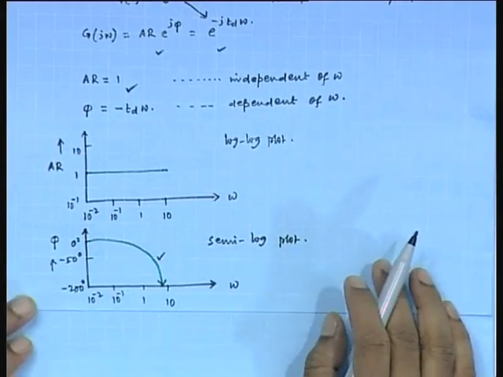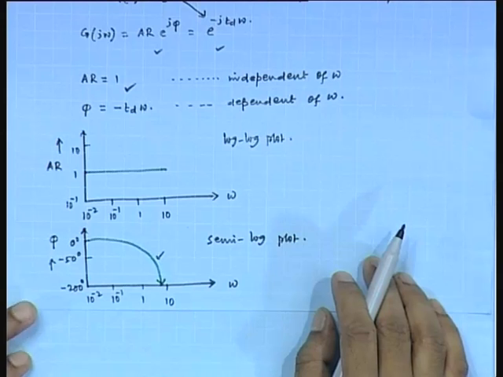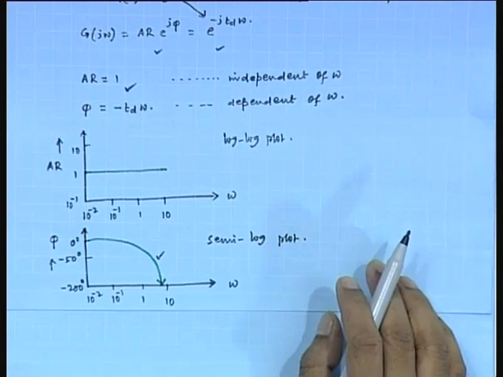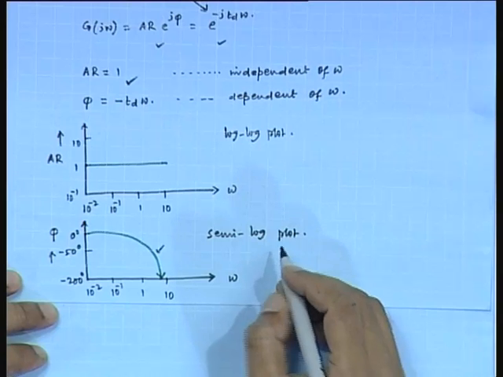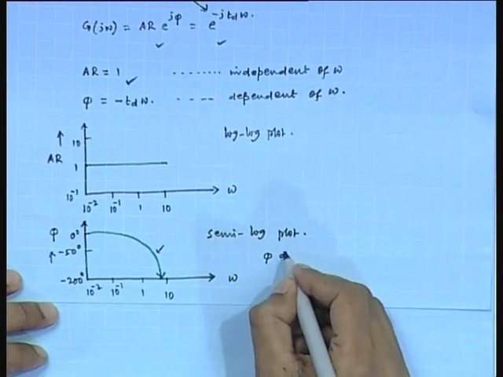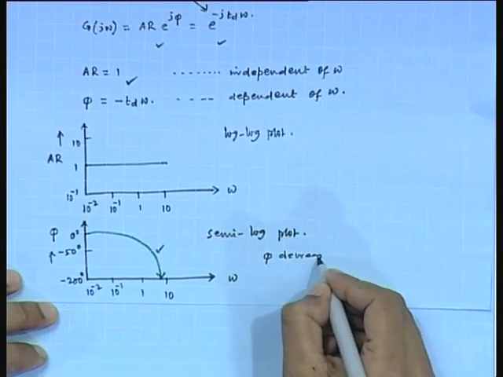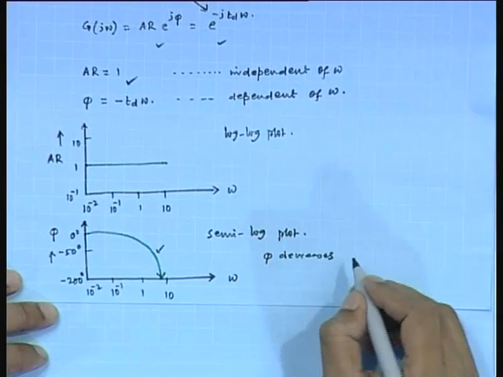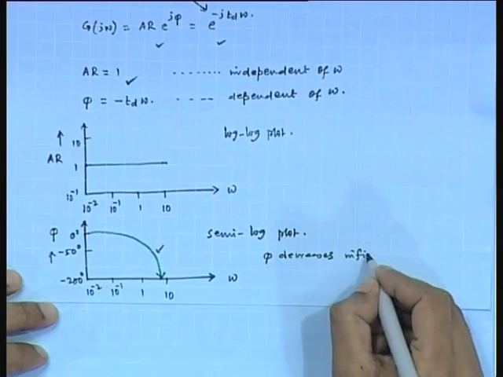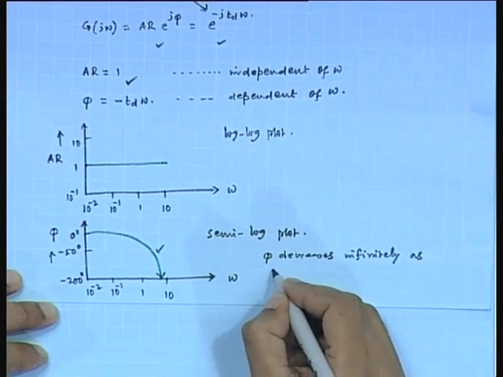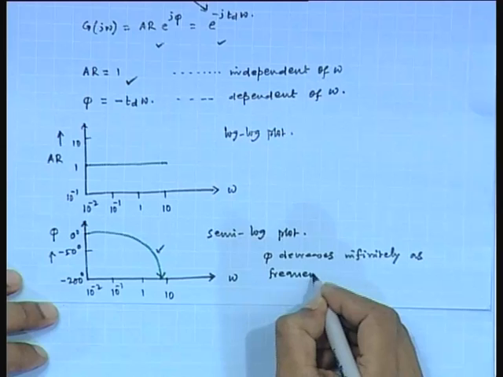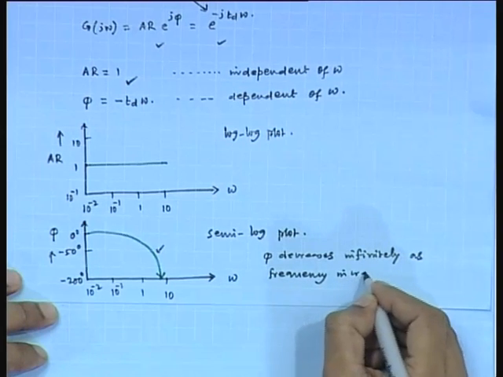What does it indicate? The phase angle phi decreases infinitely as frequency increases.